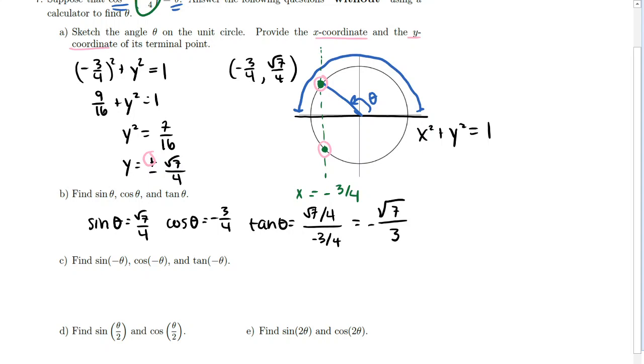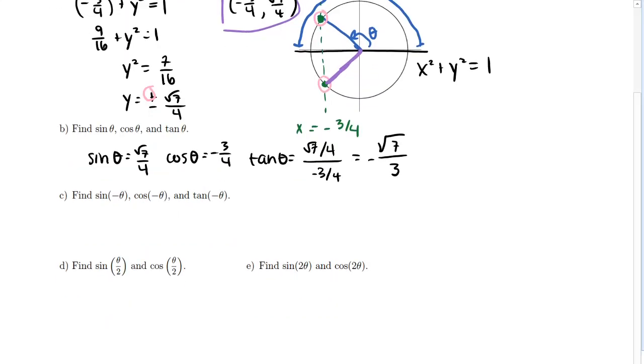All right, what about sine, cosine, and tangent of negative theta? Well, you can draw out the picture here and see that negative theta would be down here, and you can figure out that instead of this point, we would have the same point but with a negative y value. And that's another way of seeing the negative angle identities for our sine, cosine, and tangent functions.